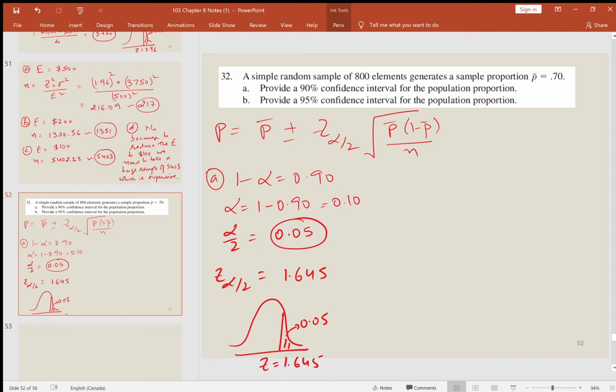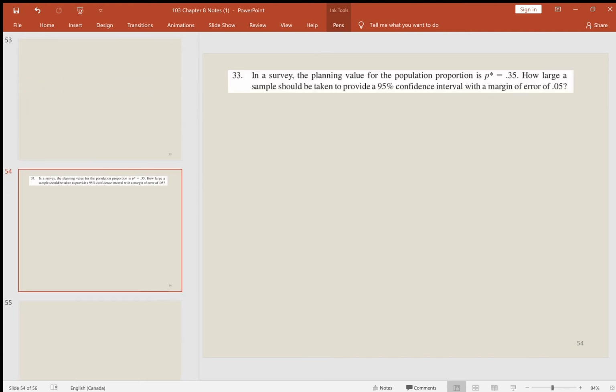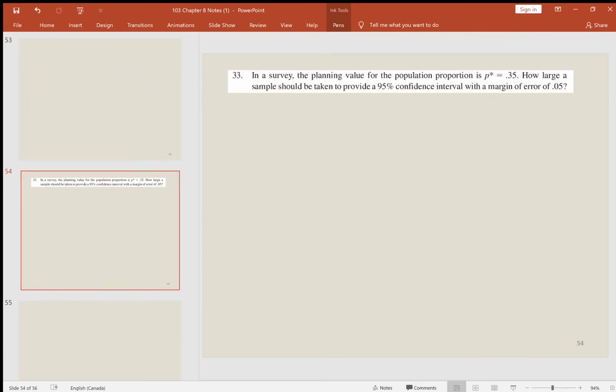Okay. So we have everything. So let's do part A. So p is equal to 0.70 plus or minus 1.645 times the square root of 0.70 times 1 minus 0.70. Oops, sorry. Wait a second.